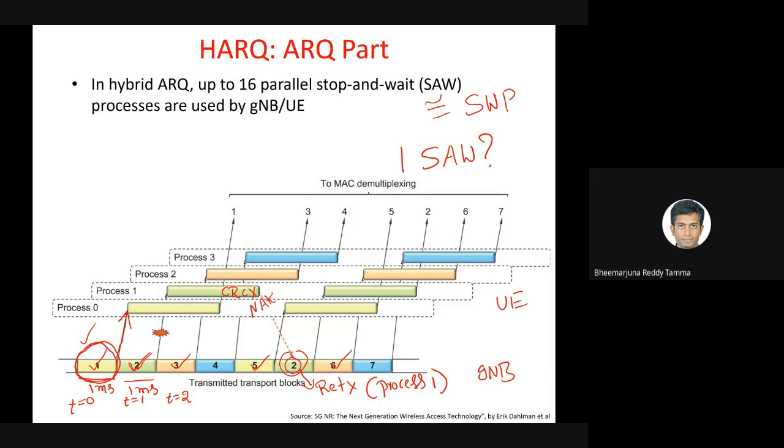Then it has to contact the MAC scheduler to send the acknowledgement, which could be positive or negative. All this could take some amount of time. But by the time you transmitted this packet, as you see clearly, the transmitter, in this case the base station, is ready to send another MAC packet.